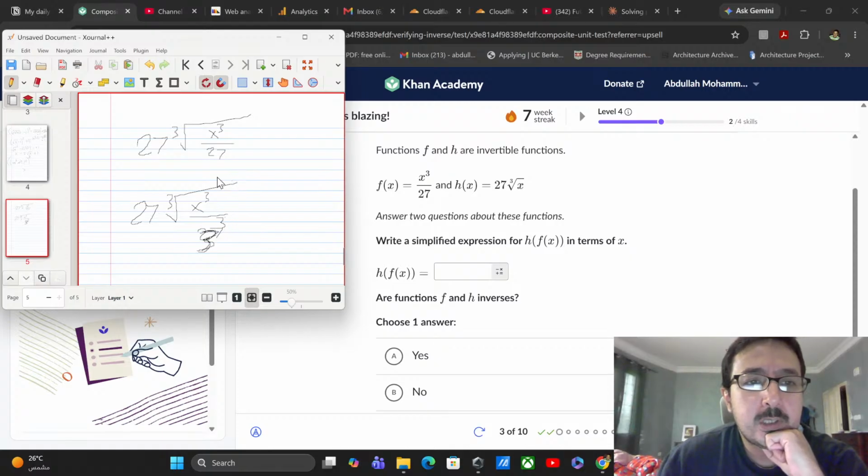So actually this will go, and I'm left with 27 x over 3, and that is what? That is a 3. Not really. 27 over 3, not 3 over 3.